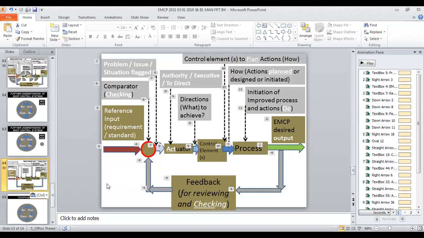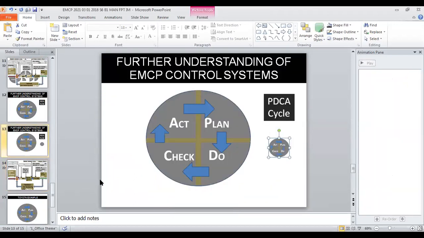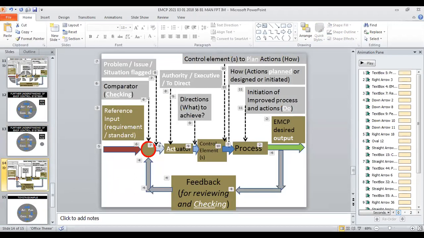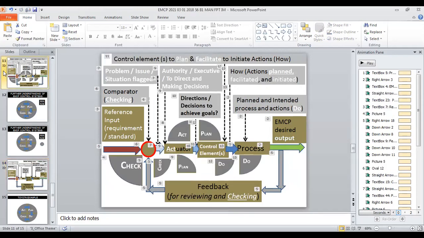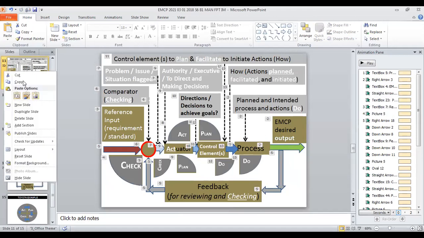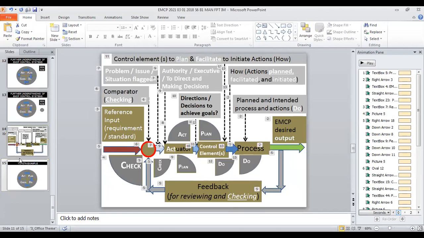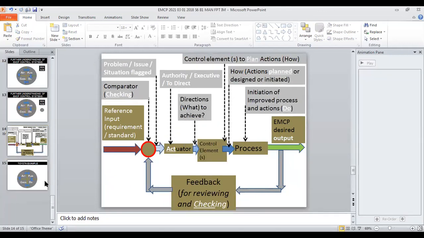Yes, I've explained this to you. This PDCA cycle, actually, we put separate P and all. But other than that, let's say I will take this, copy this, and paste here.